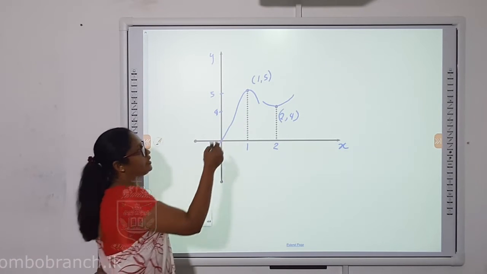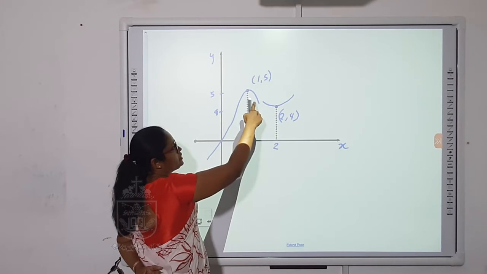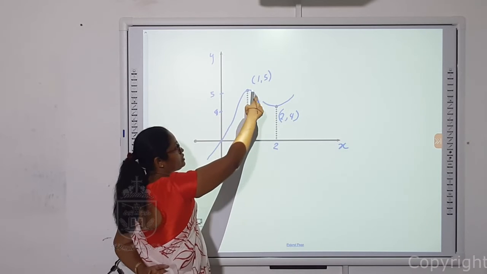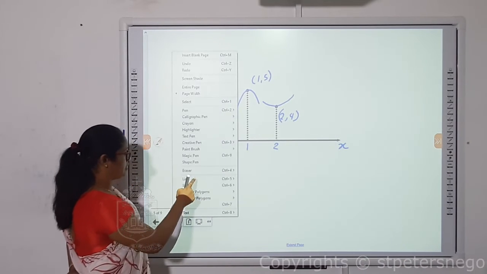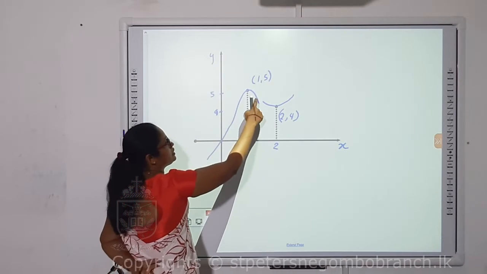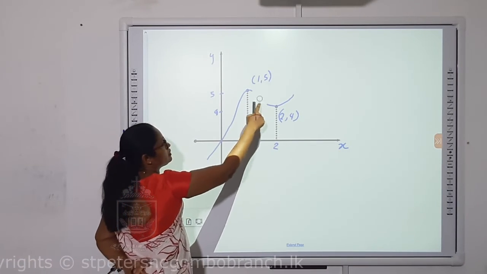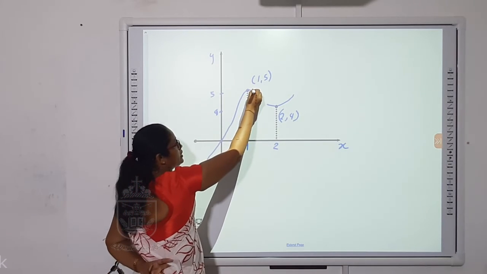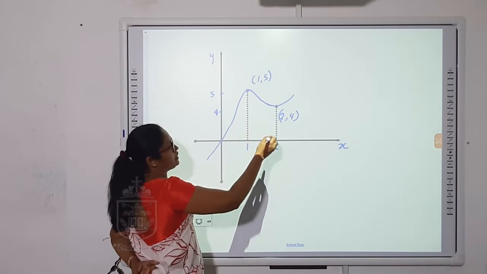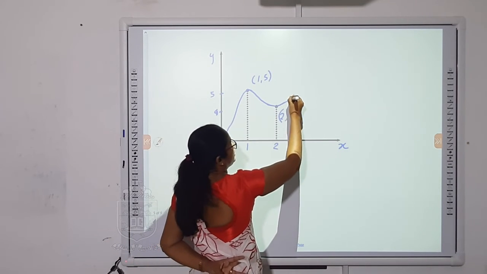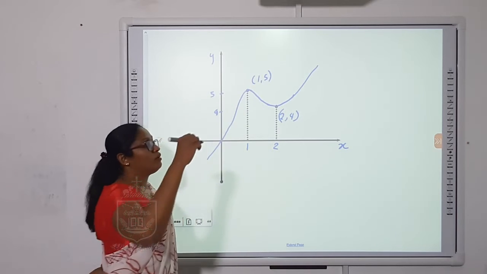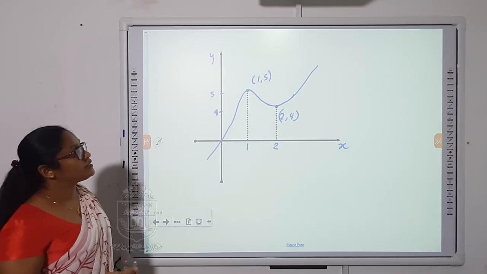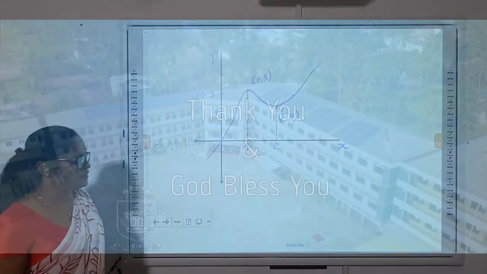In between these two points there is a maximum and a minimum, so I can join these two lines. Just join these two lines, right? And also the function is increasing. There are no horizontal and vertical asymptotes. So this is the curve which is related to the function y equals f(x), right? Okay.